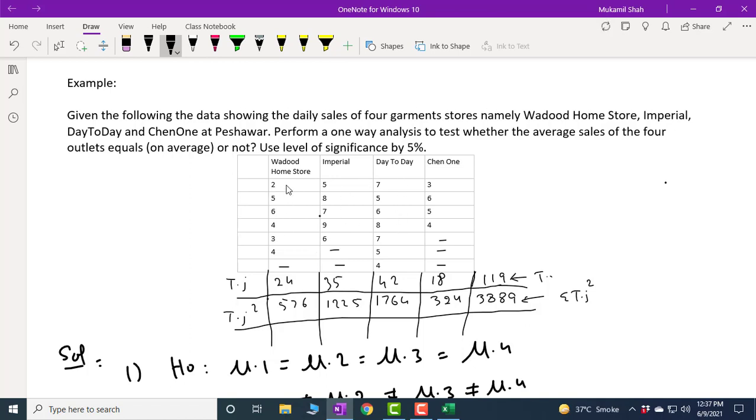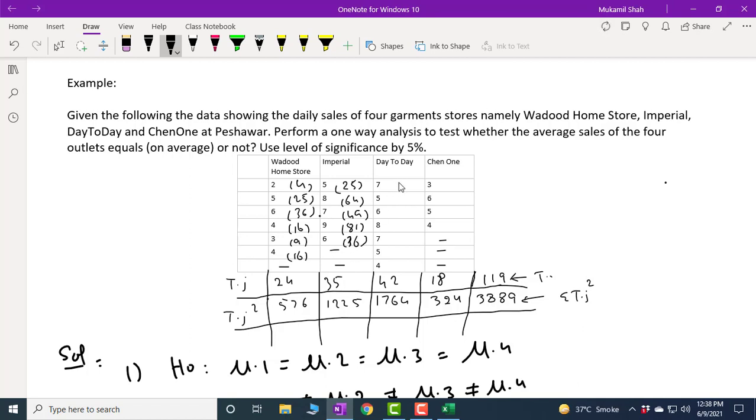For example, the square of 2 is equal to 4. The square of 5 is equal to 25. The square of 6 is equal to 36. Similarly, 16, 9 and 16. The square of 5 is equal to 25. Similarly, 64, 49, 81 and 36.